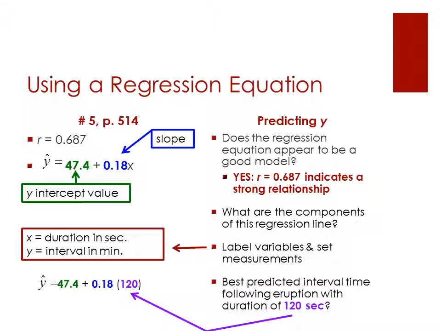So we've got 47.4 plus 0.18 times our new value of x, 120. Okay, so we plug in our 120, and when we run that equation, we get 69 minutes. So we would have reason to estimate that it would be 69 minutes before the next eruption.